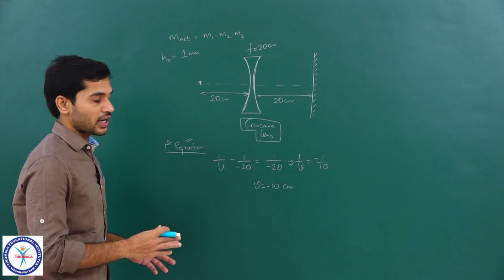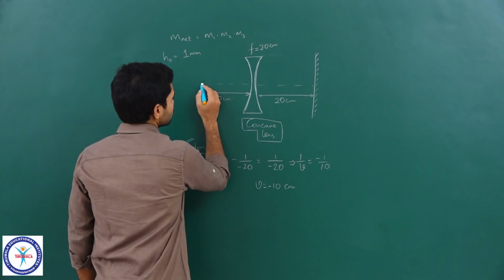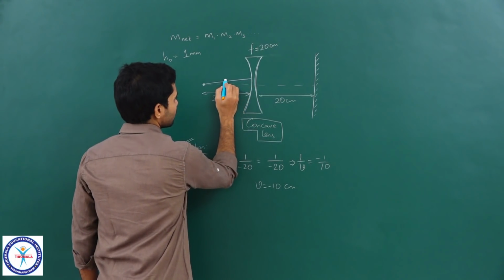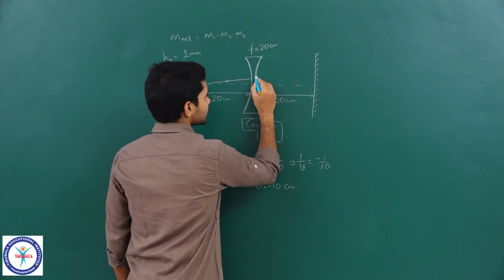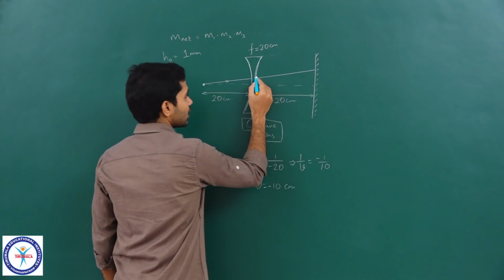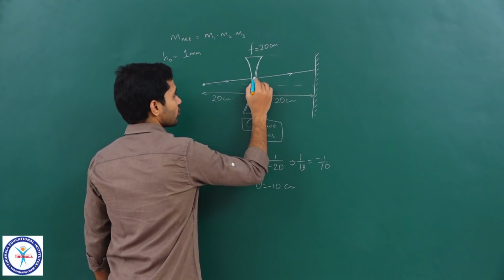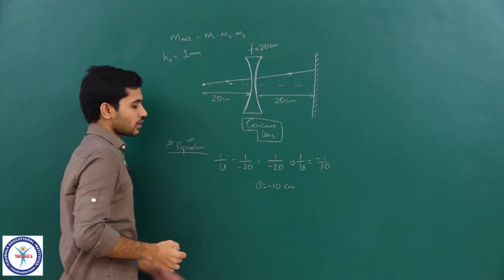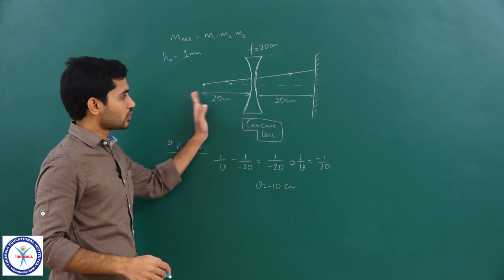Ray diagram gives you an idea of what is happening there. So, if this is where the object is, and if you take one light ray which is incident from the object, it bends slightly and it appears to come from a point which is at a distance of 10 centimeters, correct. Minus 10 means on this side.